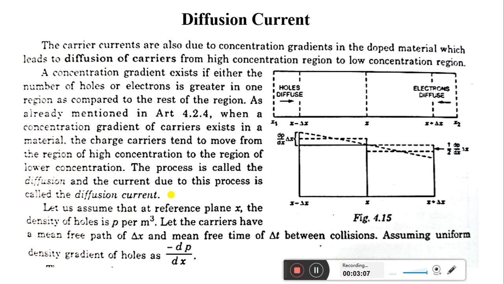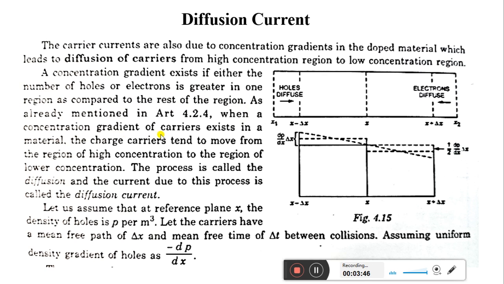So let us discuss that carrier currents are also due to the concentration gradient in the material, which leads to diffusion of carriers from a high concentration region to a lower concentration region. A concentration gradient exists if either the number of holes or electrons is greater in one region as compared to the rest of the region.